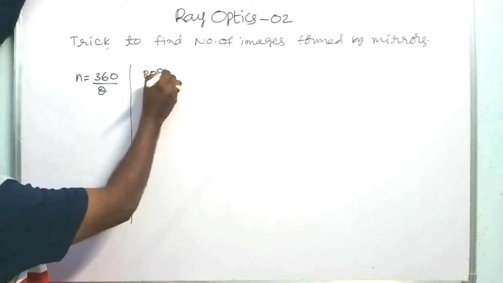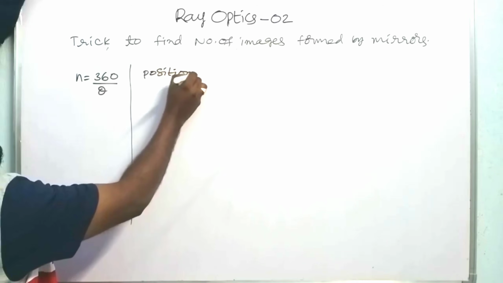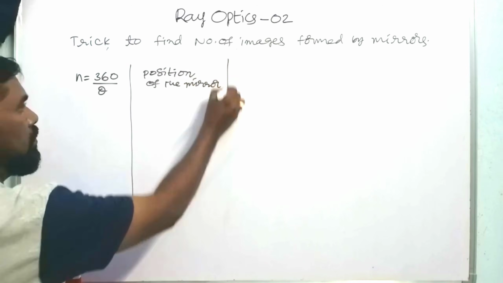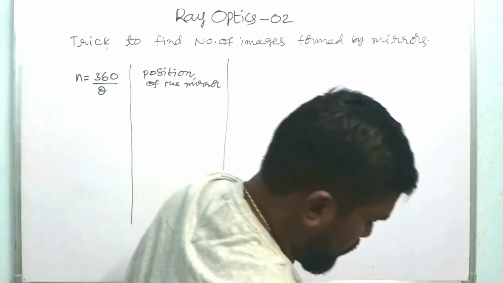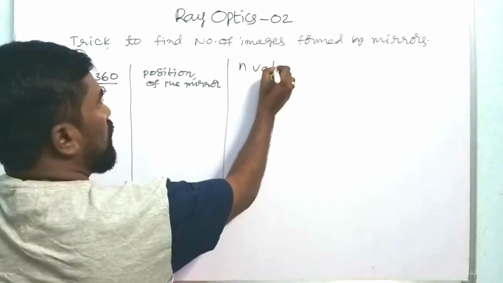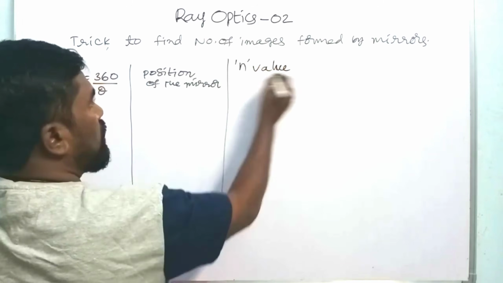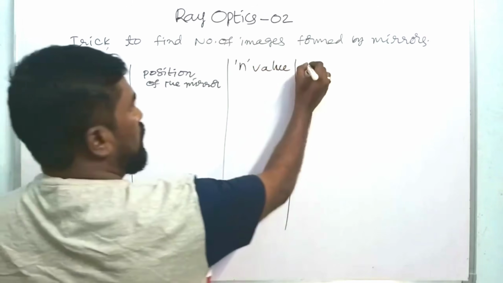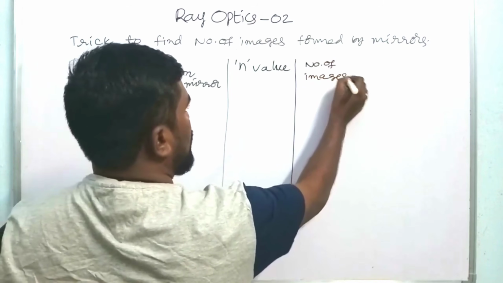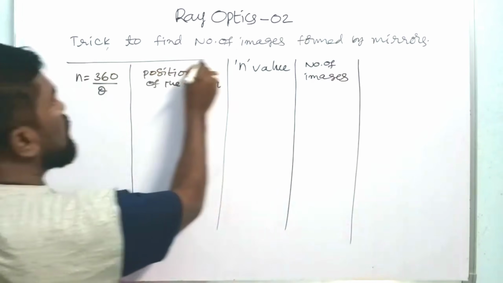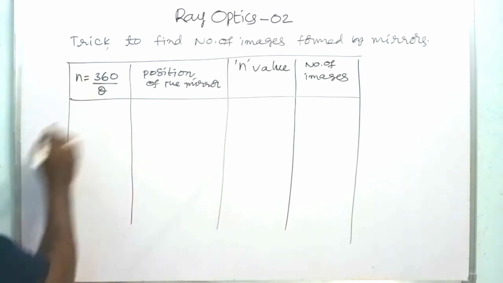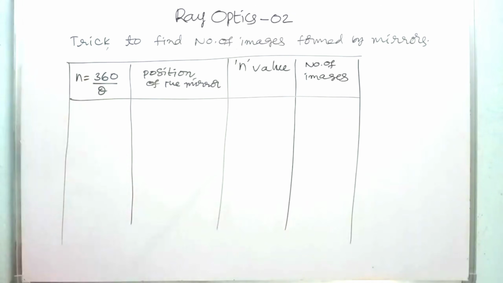This is the position of the mirror, n value, number of images. Right. So we simply have to remember, n is equal to 360 by theta. This is the formula.